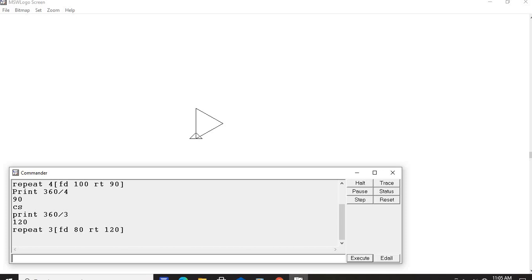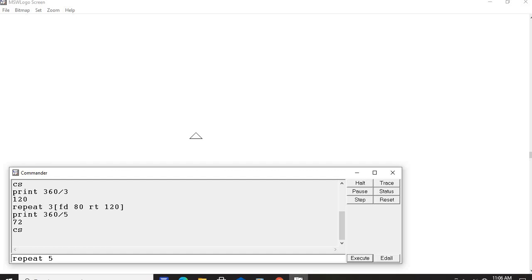Now we will come to the pentagon. As you know, a pentagon has 5 sides. So first of all, we will check print 360 / 5. 360 divided by 5 is giving me 72. Now I will rub the screen. Now I am saying repeat.